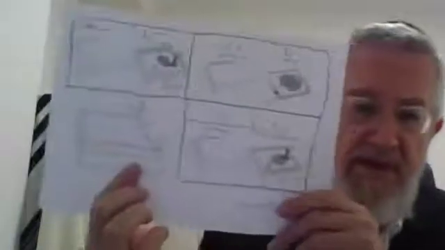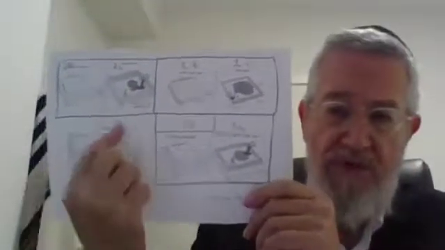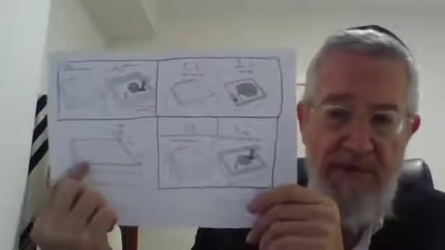The top of the Mizbeach should be 28 by 28, but it's not, because although the top box is 28 by 28, each corner took up, we go back to diagram 19, number 4. Each corner in the 4 corners took up an amma.